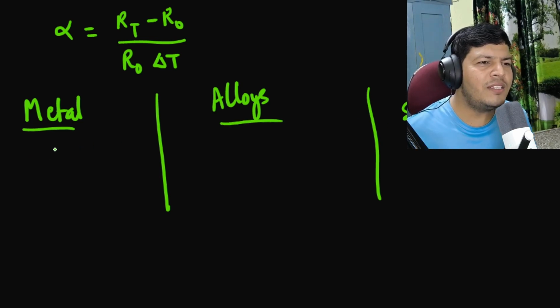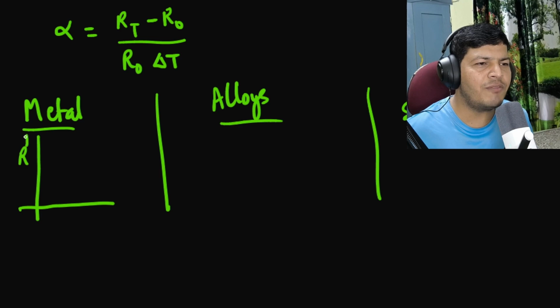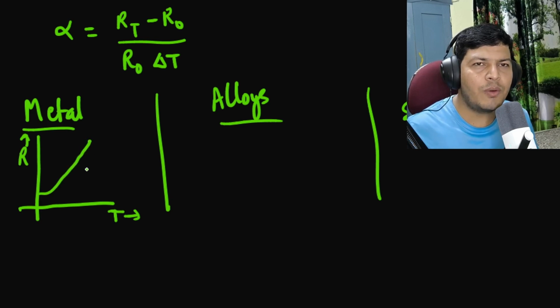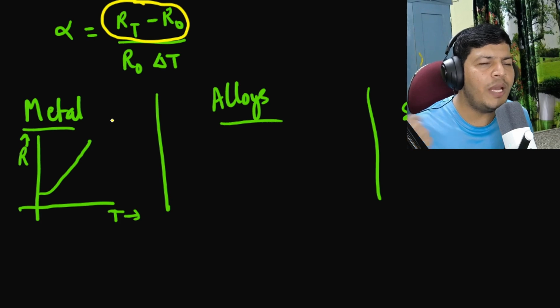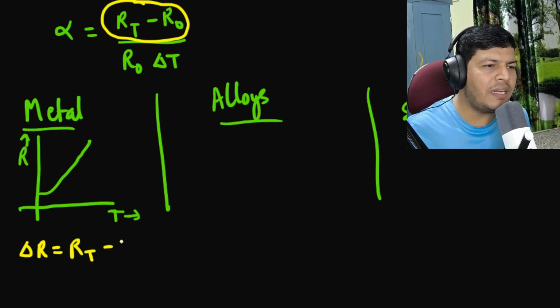For metals we have done a graph. From that graph we'll take a reference. If we increase the temperature, resistance of metal will increase in large amount. So as you see, this RT and R naught value will be large for metal. So can I write change in resistance, that is RT minus R naught, is large.